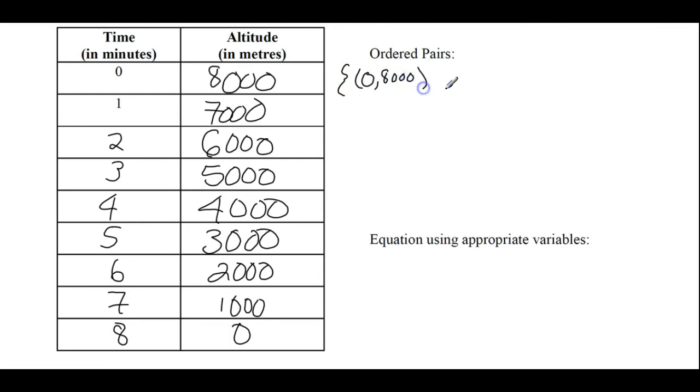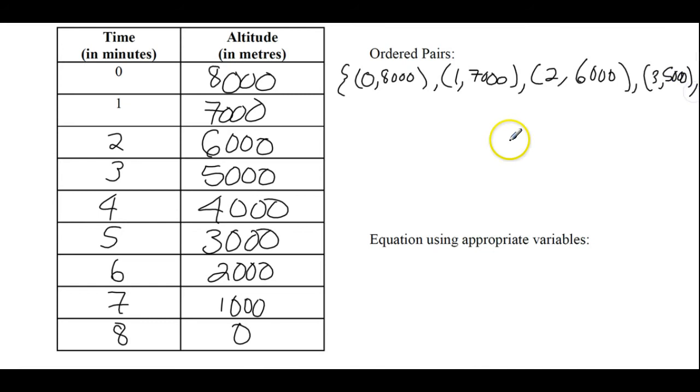And remember that the height depends on the time, or the altitude depends on the time. 5, 3,000. 6, 2,000.